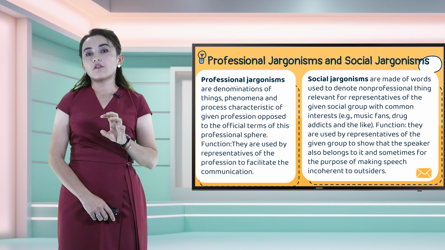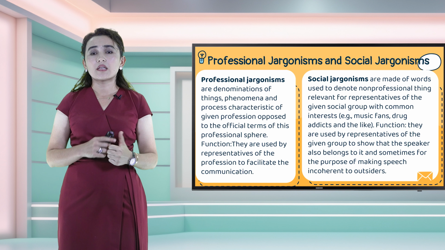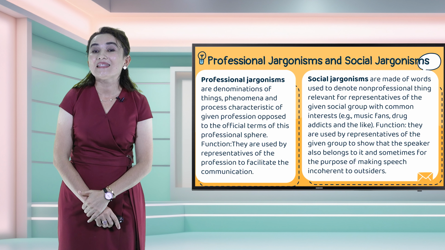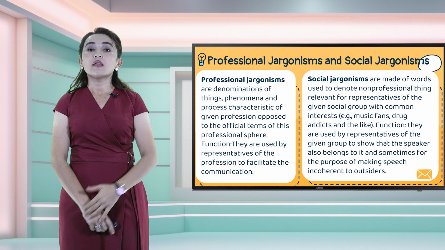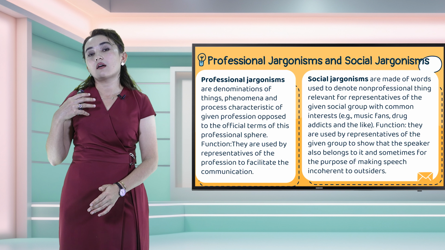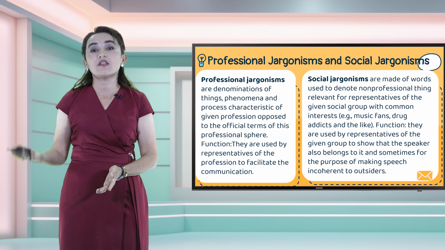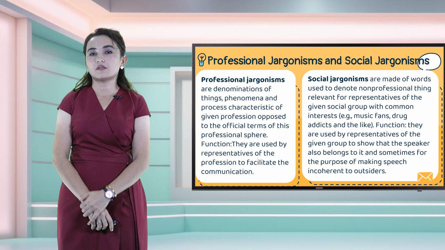The function of the colloquial layer is to replace those words which already exist in the language in order to make their speech incoherent to outsiders, so not to be understandable for strangers, for the people who are not in the communication.